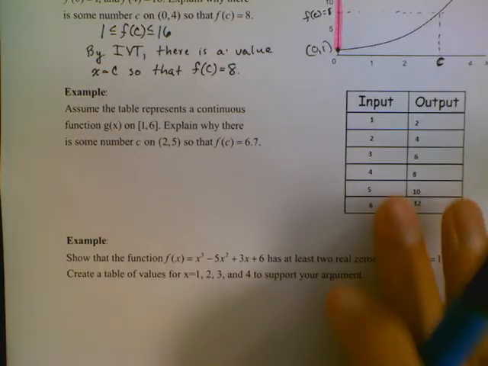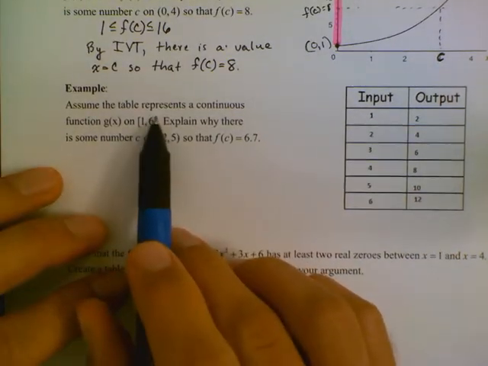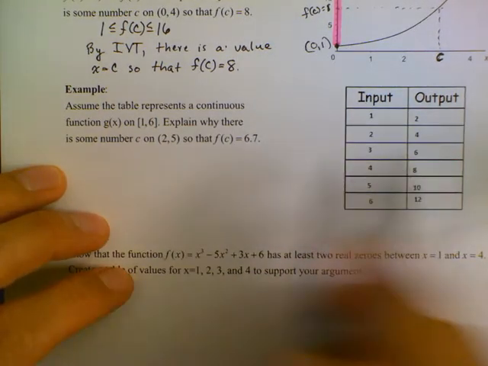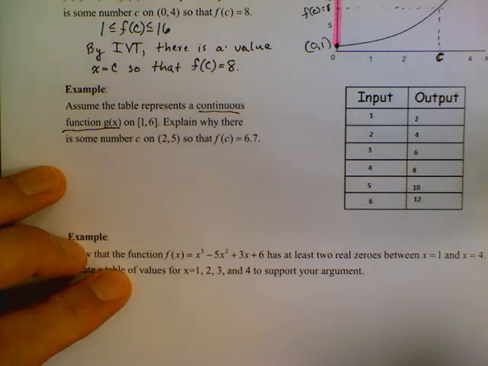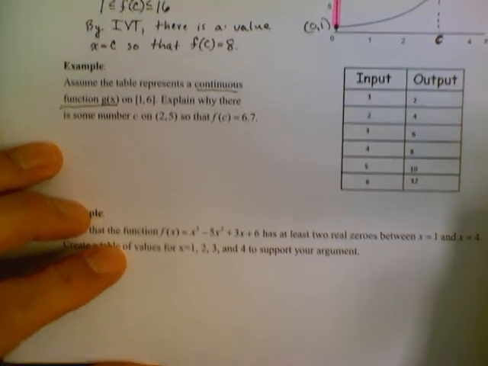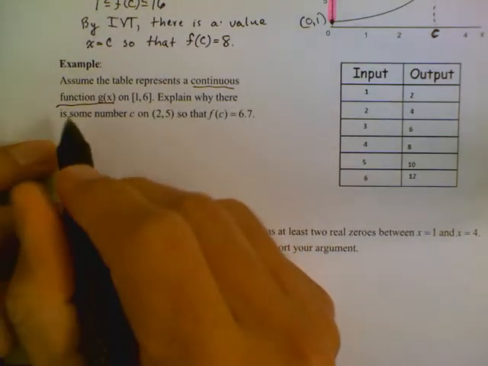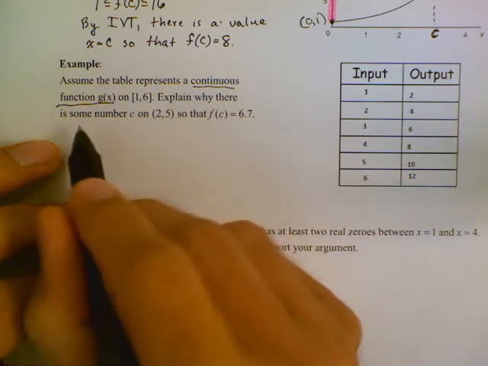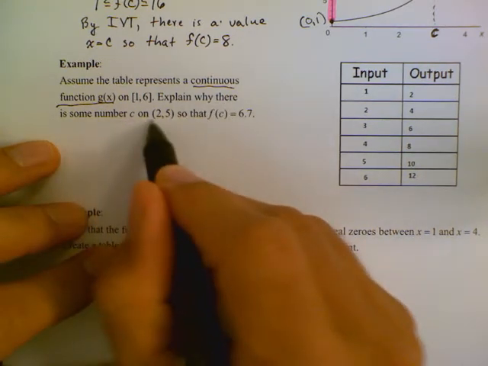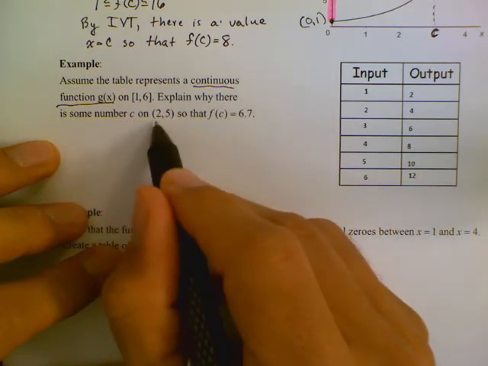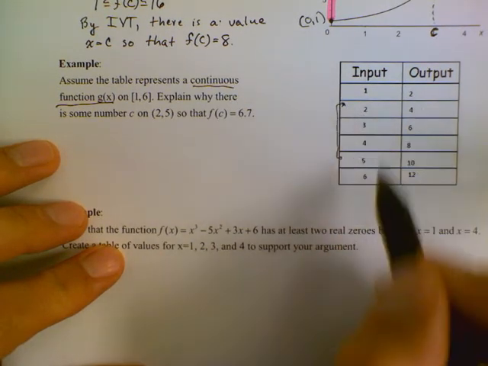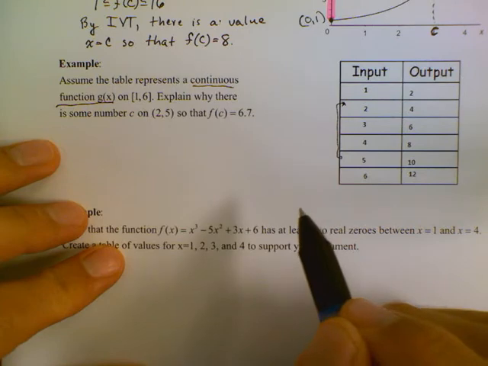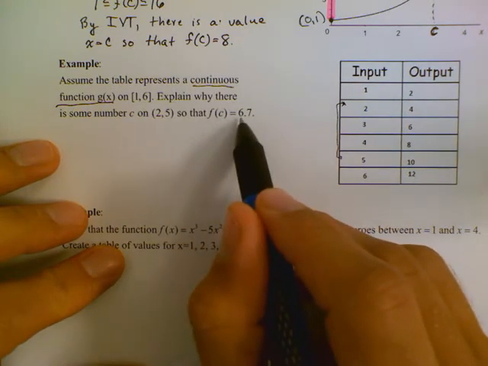Let's look at a table. So assume the table represents a continuous function. It says continuous, okay? When we do an AP Calculus problem, I want you to also write that down. Okay, explain why there is some number c on the interval from 2 to 5. So this time it doesn't say to go from 1 to 6, just 2 to 5, such that g of c is 6.7.